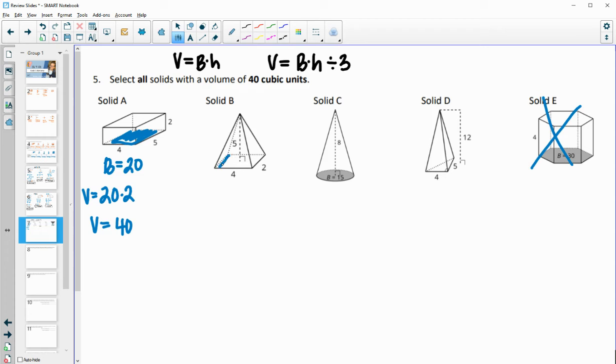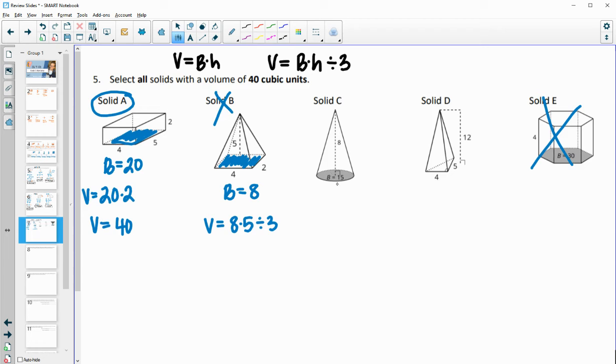Now this next one, okay, our base is a rectangle. So 4 times 2 is going to give us 8 for the base. And then the volume for this one is going to be base times height divided by 3. So that's going to be 40 divided by 3. So solid B does not have a volume of 40.